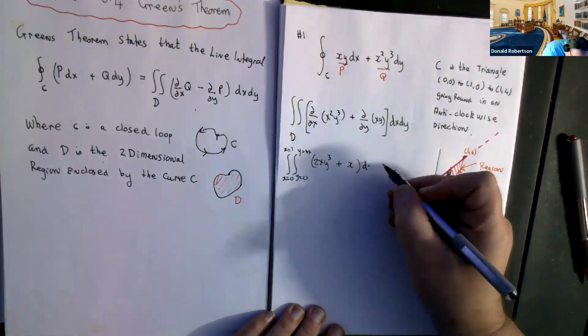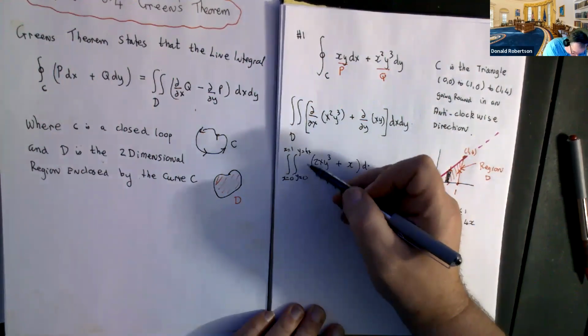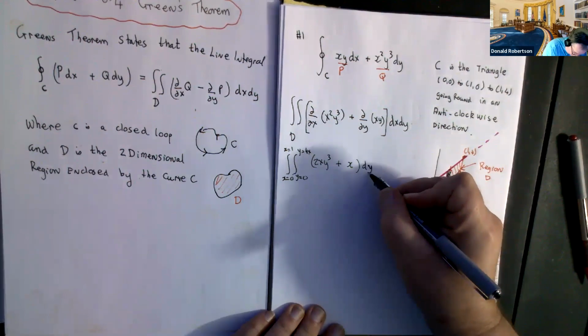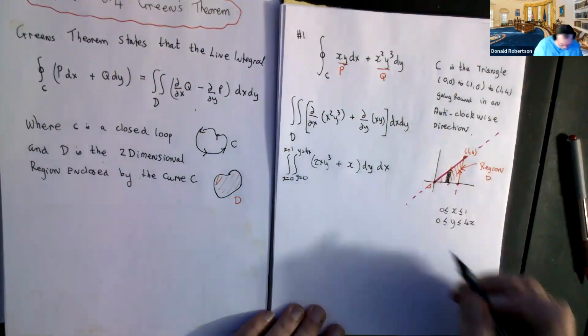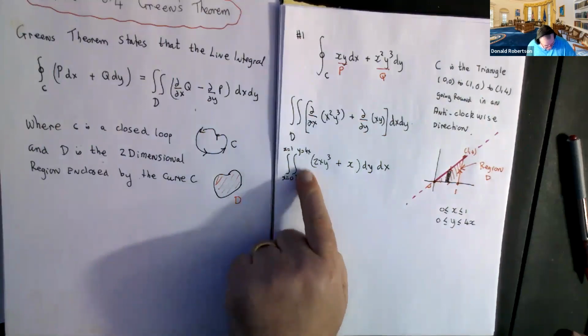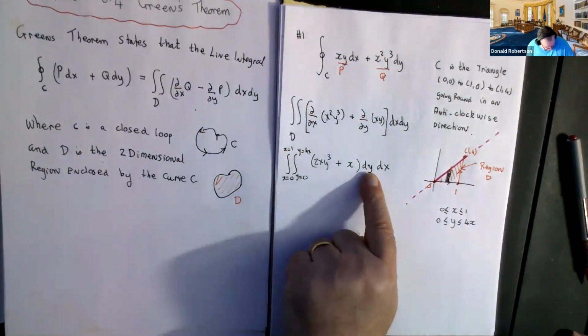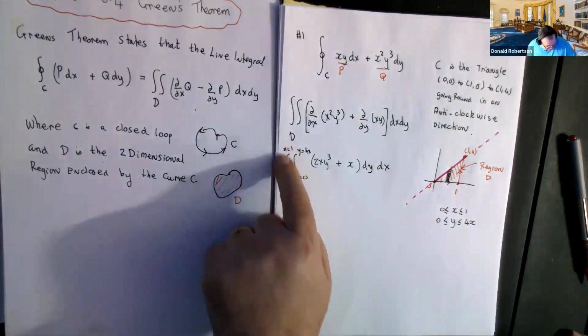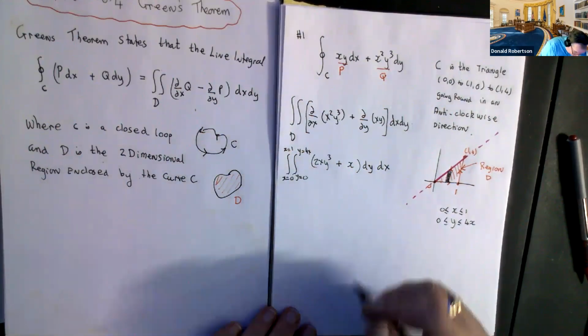And I think based on the fact that this should go first, I'll change the order to dy dx. Nothing else needs to change. And the reason I'm doing that is because this limit of integration has to be done first. So I need to do dy, and then the x's can come last.